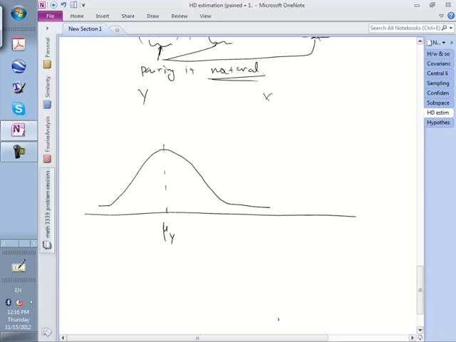No, actually, this should be men. Men have a smaller resting pulse than women. And this is women here.